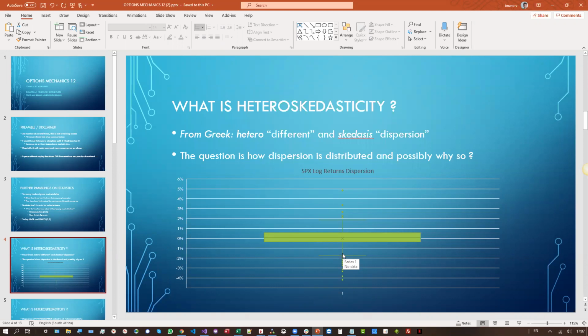We know that the price distribution is a Mexican hat, with fat tails. We know all of that, and we know it's very difficult to model that random or extreme behavior. But what we can try is to explain dispersion, and there are various ways to look at this, and that's typically what is called heteroskedasticity.